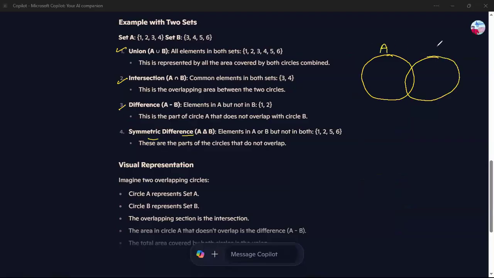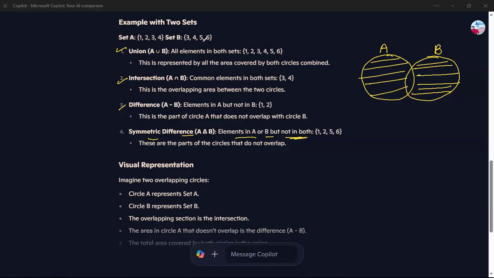Considering this is set A, this is set B, and the symmetric difference when the diagram is like this: you are taking all the elements of set A or set B, but there should be no elements which are common to both. They must be unique to each of the sets. We are excluding the intersection part completely. So elements in A or B, but not in both. They should be exclusive to one of the sets.